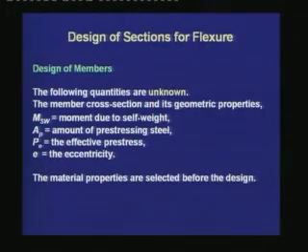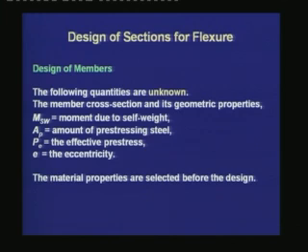The following quantities are unknown: the member cross section and its geometric properties. We do not know what the size of the member is or what type of member is. The other unknown quantities are AP, the amount of prestressing steel, PE, the effective prestress, and e, the eccentricity. Thus, our unknown quantities here are in fact more than our available set of equations.